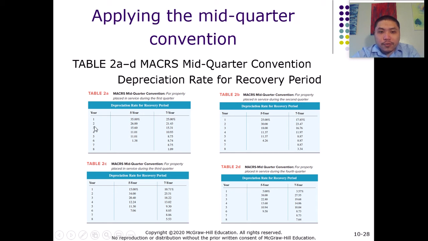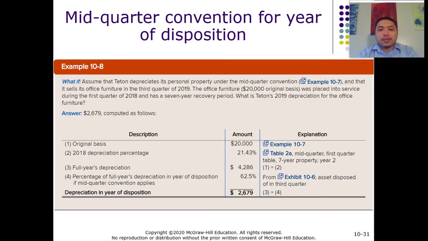Since this is the second year that the furniture is in service, we select the second row that gives us 21.43%. So that's where we get the rate from. After we get the rate, we know the full year depreciation expense for the furniture in the second year.